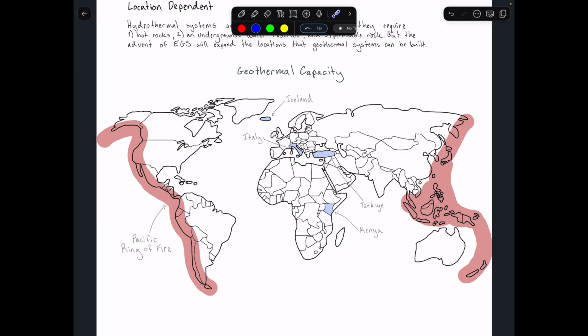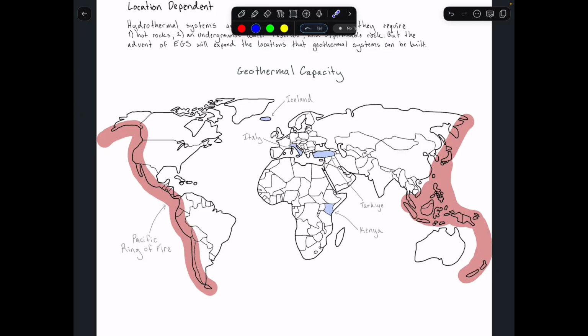So most of the existing naturally occurring hydrothermal resources are located along these regions. So this is where most geothermal power plants have been built out to date. But again, with enhanced geothermal system technologies, this will allow geothermal power plants to be built in other areas across the world.